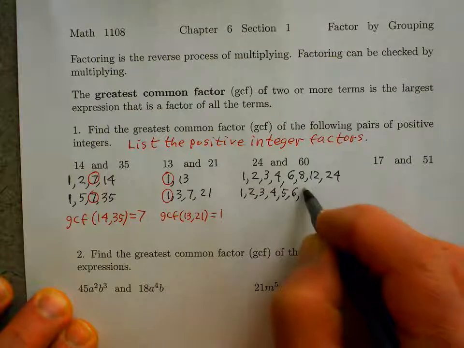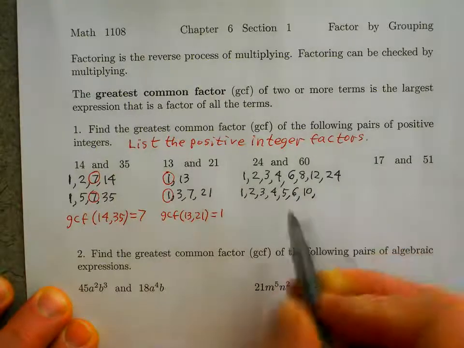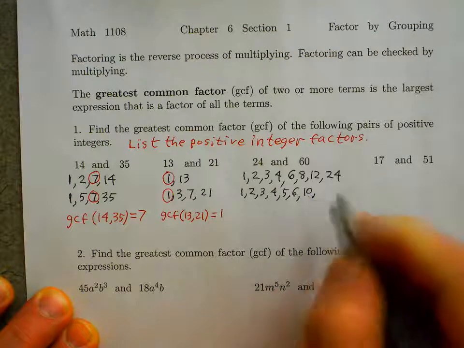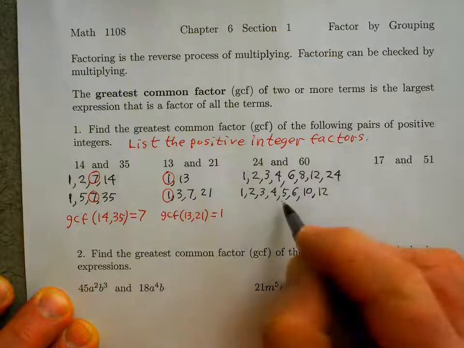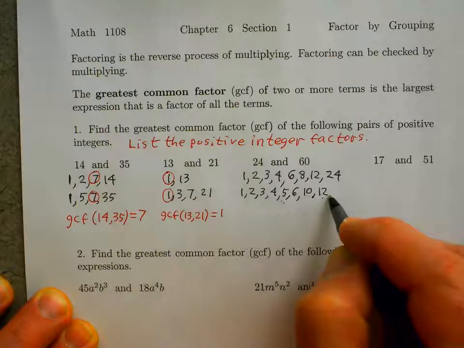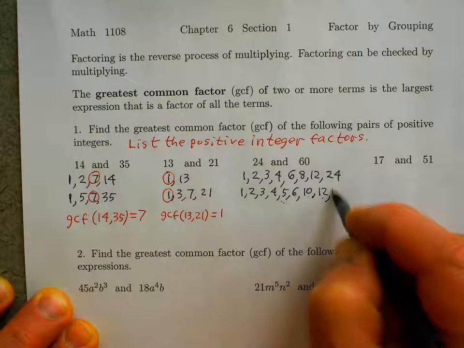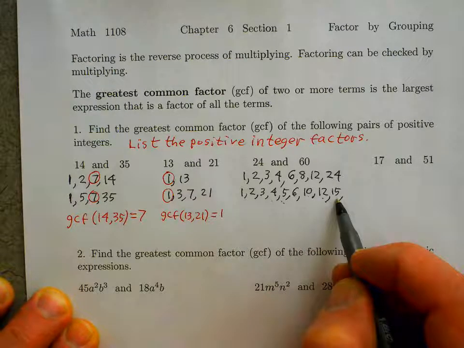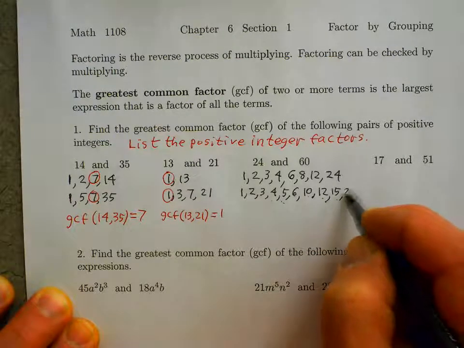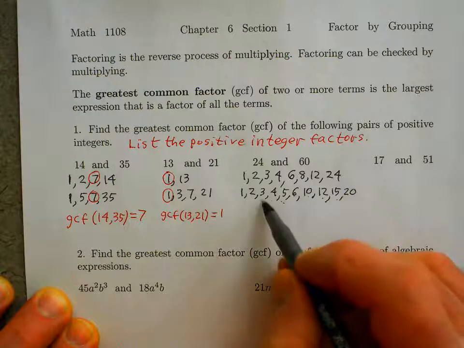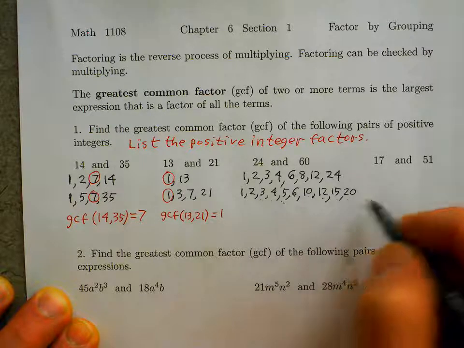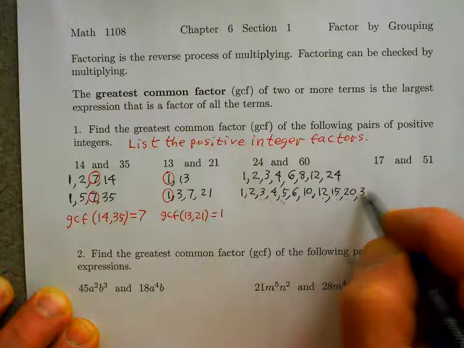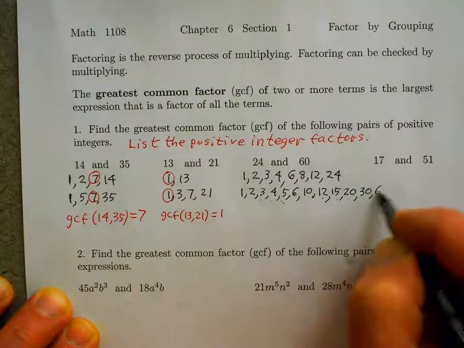So 10, yes. So now we're on the other side. 6 goes with 10 because 6 times 10 is 60. 12 goes with 5 because 5 times 12 is 60. 15 goes with 4 because 4 times 15 is 60. 20 goes with 3, so we're almost done. 2 times 30, so 30 is a factor. 1 times 60.